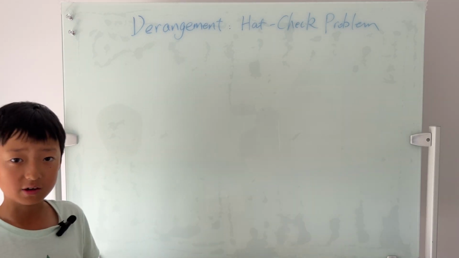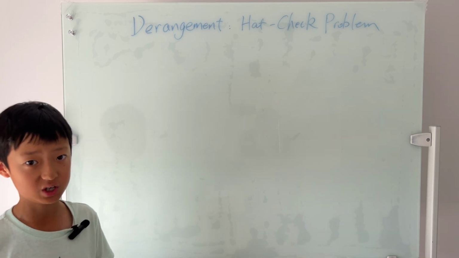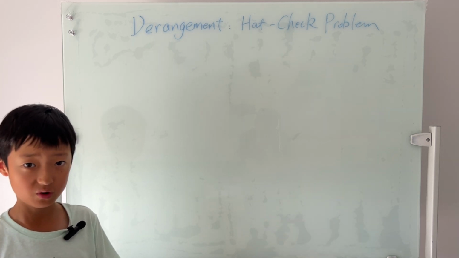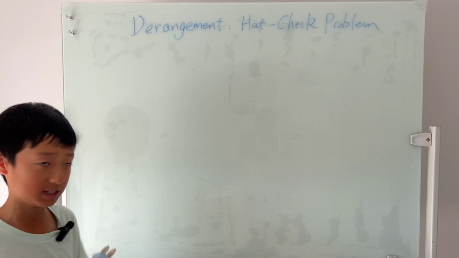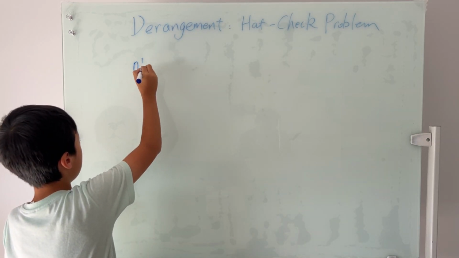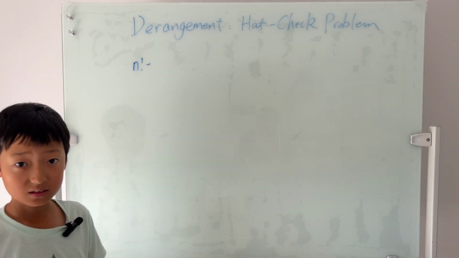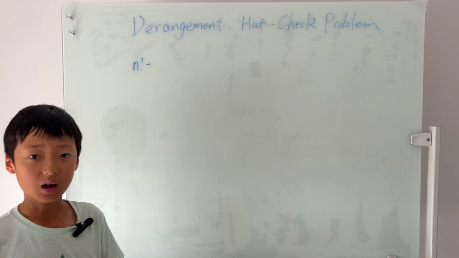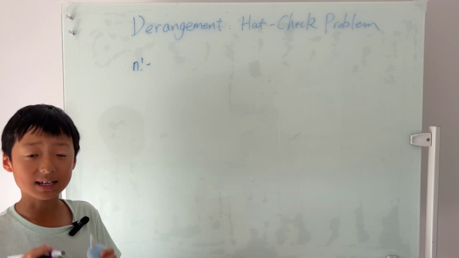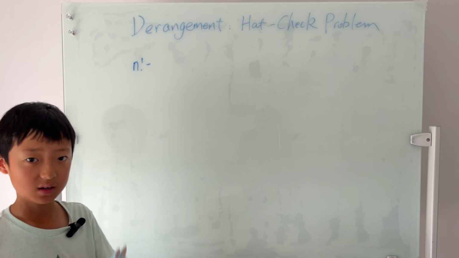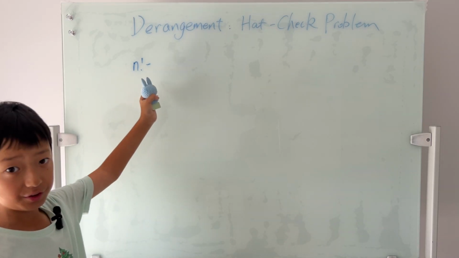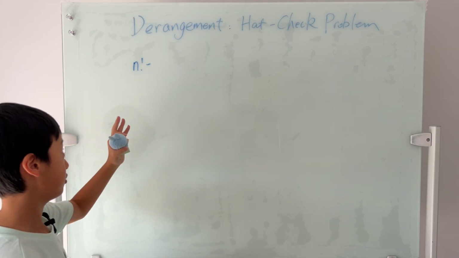We first calculate the total permutations, which is n factorial, because there are n elements. And then we have to subtract the permutations in which any element stays in its original position from the total, which in our case is n factorial.